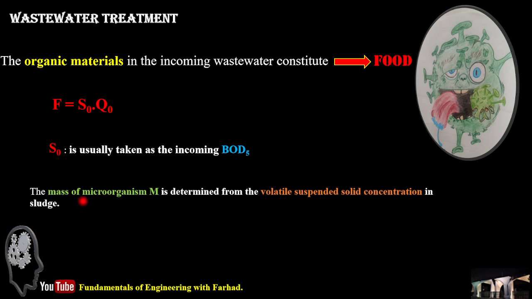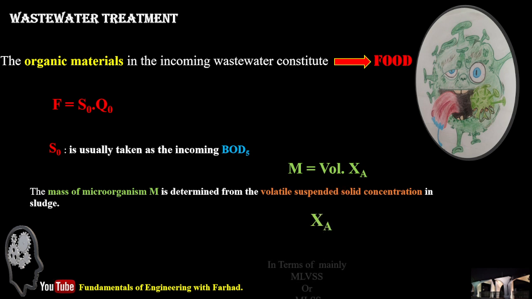And the mass of microorganisms, capital M, is determined from the volatile suspended solids concentration in the sludge. That capital M is equal to the volume of our tank, settling tank, either primary or secondary, times X sub A, which is the concentration of activated sludge.